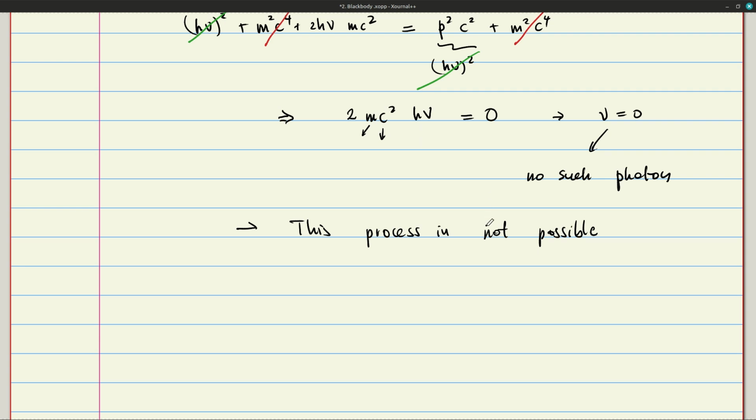But then if this is not allowed, we have to ask the question, how is the photoelectric effect even possible? So we are saying now an electron cannot absorb a photon, then why have we been talking about the photoelectric effect in the last few lectures?